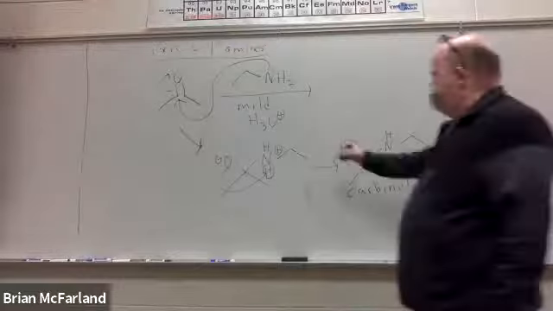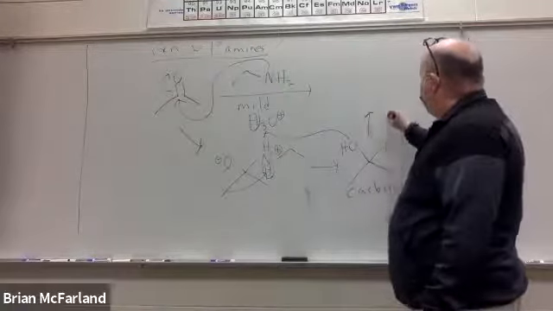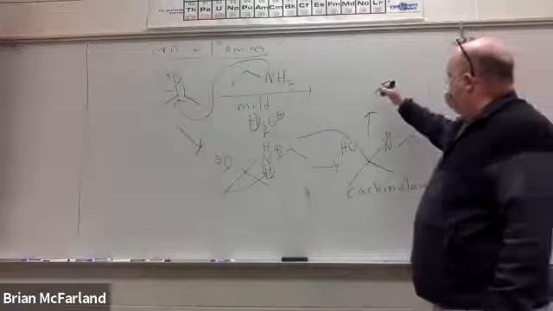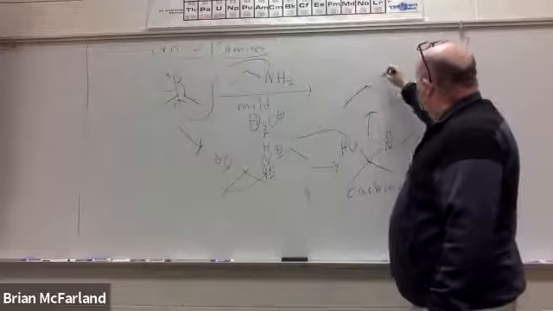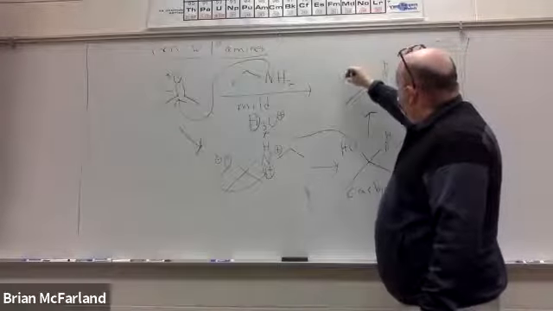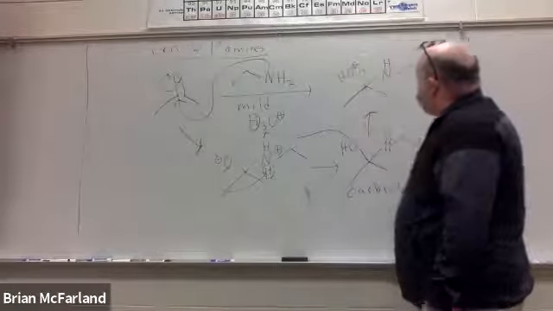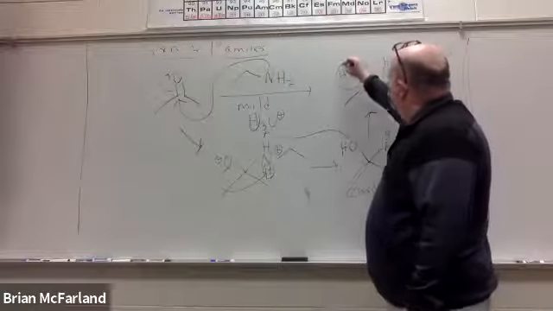So your H3O is going to donate a proton to your OH. I'm going to be rapidly running out of room here. Make water. What does water like to do? It likes to leave, yeah, and it does so.